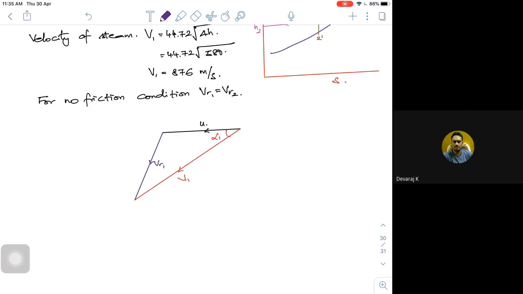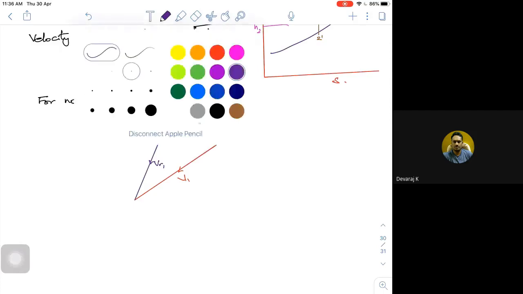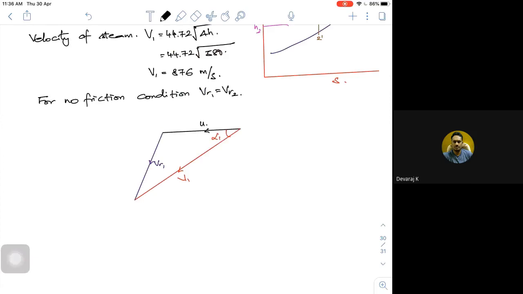So either graphically you can do that, or once you draw the triangle, I can calculate that using my trigonometric principle. So you can close it. So this will be my V1, and this will be my VW1, and this is my VF1.